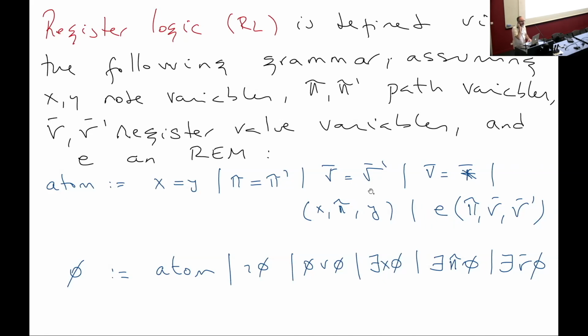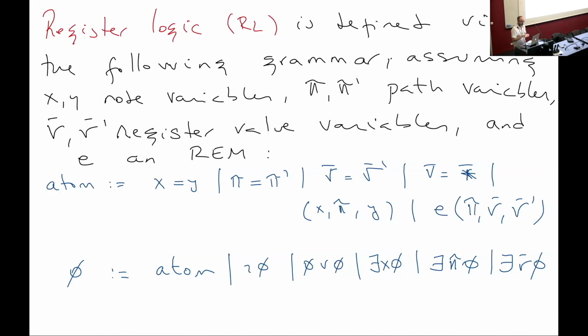Remember that this is an extension of REM, so at any point the values in the registers can be equal, or you can say that the registers are completely empty at one point. You can say that two nodes X and Y are linked by path pi. And you can say that I can read path pi from register value nu to register value nu prime conforming to REM E. These are my atoms.